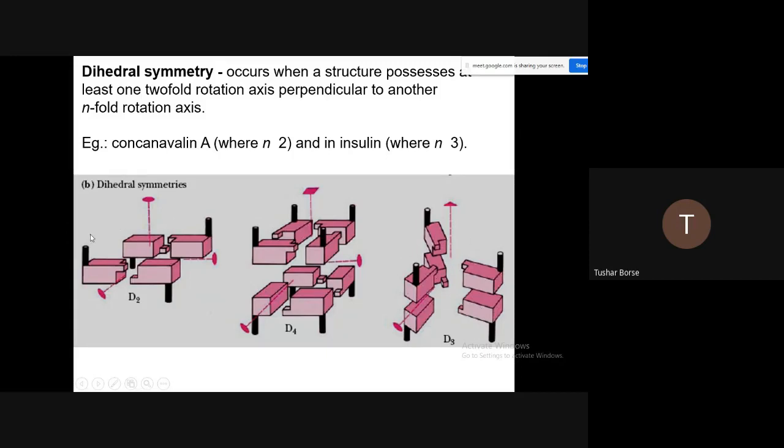In such protein structures the number of subunits could be more, and you may have dihedral symmetries, in which these axes of rotation are perpendicular to each other, right?